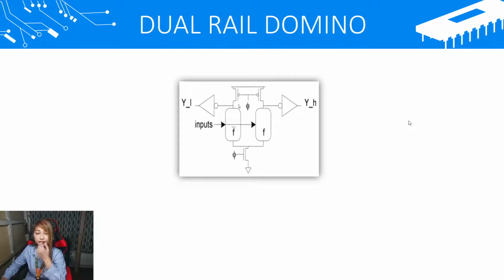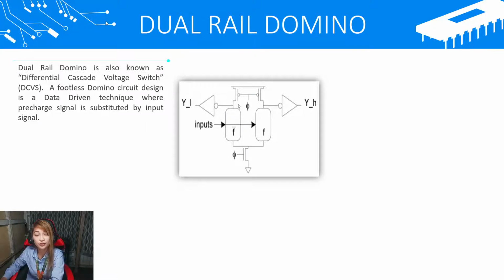So next is the dual rail domino. This is the circuit for a dual rail domino. It has two outputs, two PMOS components, the circuit and its complemented circuit, the foot transistor, and two inputs. The dual rail domino is also known as a differential cascode voltage switch, or DCVS.